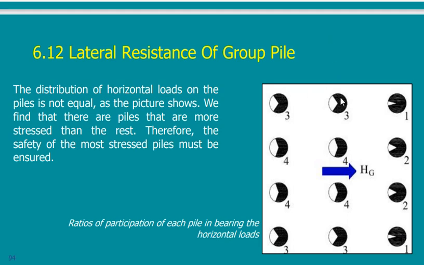By friction, because they want to move in this direction, and the soil here is preventing them from motion, so they carry also part of the load. And here the same. What about these? These piles are hidden in between. They don't face the soil in front, and they don't have friction with the soil at the sides.